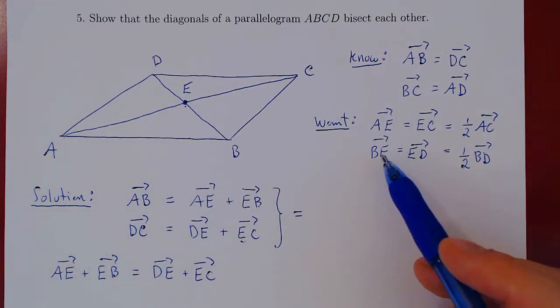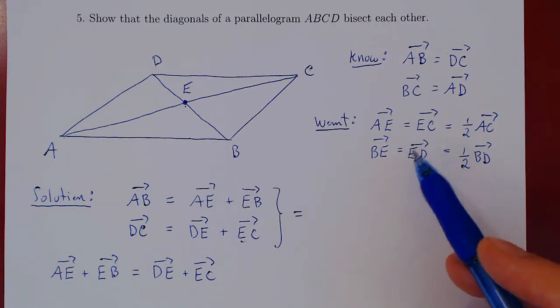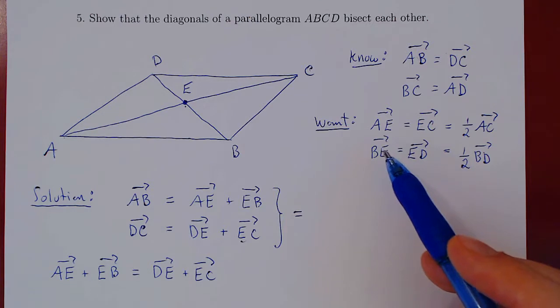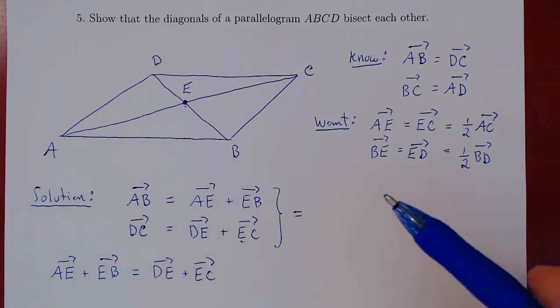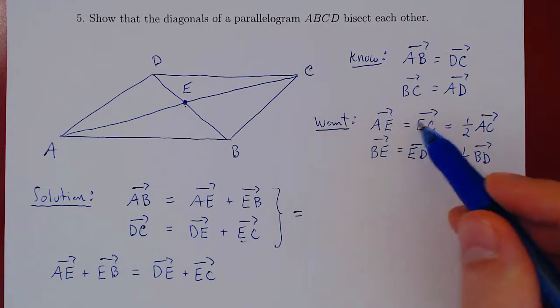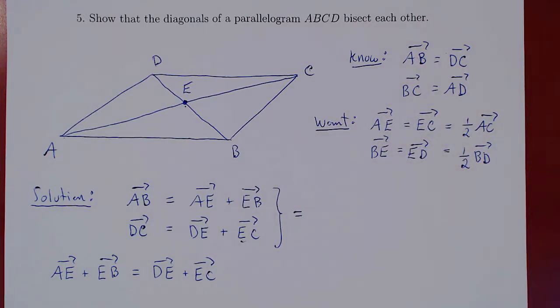And similarly, we want that BE equals vector ED, so these two vectors go together. Well, vector BE is on the left, and vector ED or DE is on the right. The idea is, let's put the two vectors that belong together.